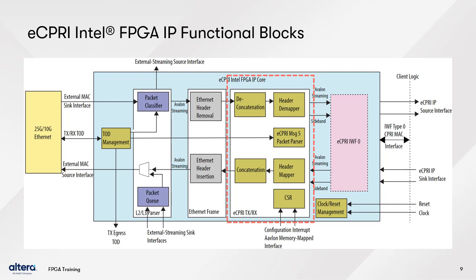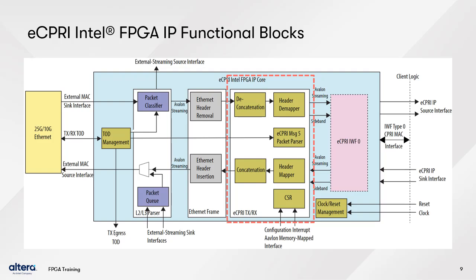The header mapper appends the eCPRI common header to the outgoing message received from the fabric. The concatenation block can then concatenate multiple of these eCPRI messages into a single Ethernet frame or an IP UDP packet. Sideband signals are provided to signal concatenation.